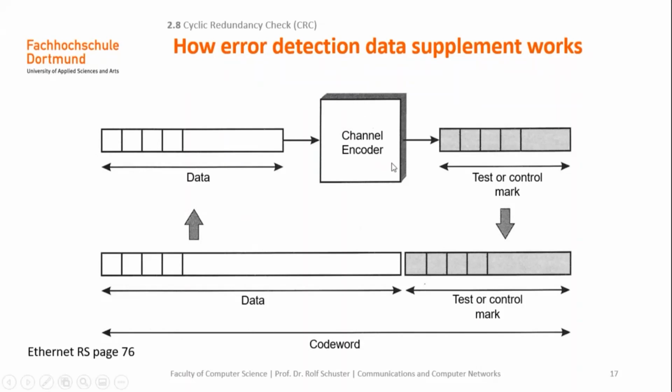This channel encoder uses an algorithm called CRC, cyclic redundancy check, and then the original data of the message plus the test or control bits are transmitted together over the network.